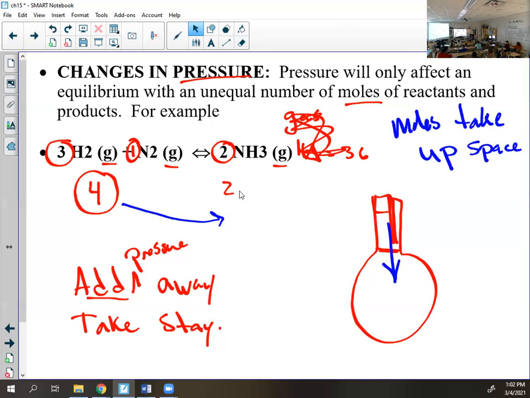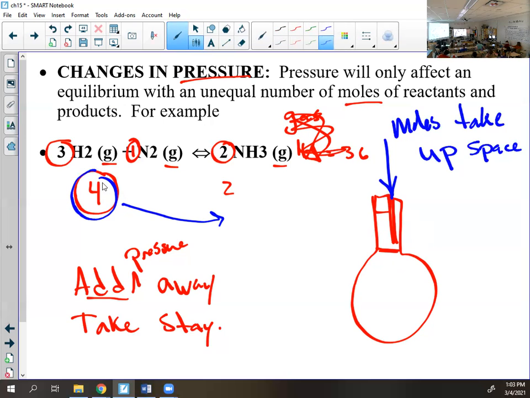Does that sort of make sense? Now, if I loosen the pressure up, now there's more space, I'll shift towards the side with a bigger number. So I always find the bigger number, circle it. If I add, I go away; if I remove, I stay.